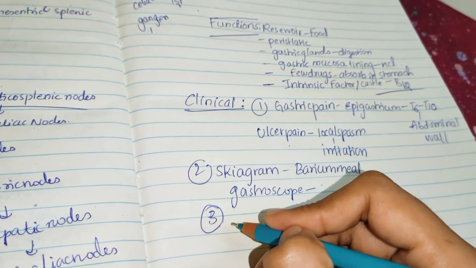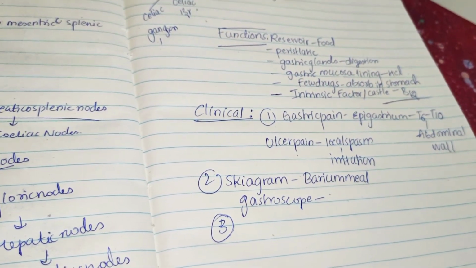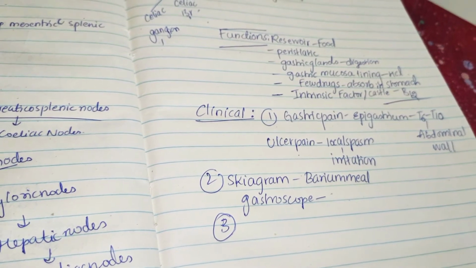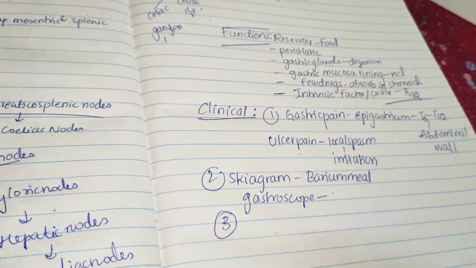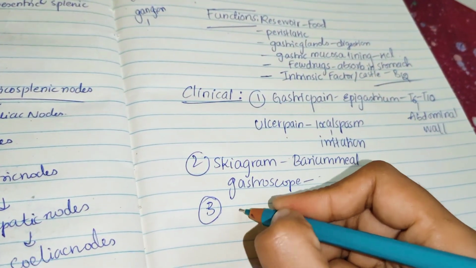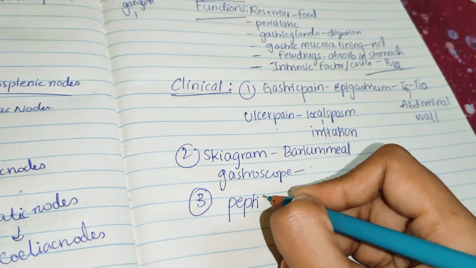Next, the third point is about peptic ulcer. Peptic ulcer mainly occurs in the sites of pepsin and hydrochloric acid, namely the stomach and first part of the duodenum. So where may peptic ulcer occur?